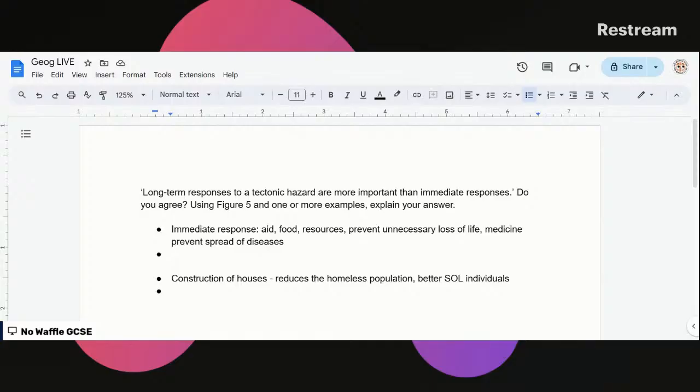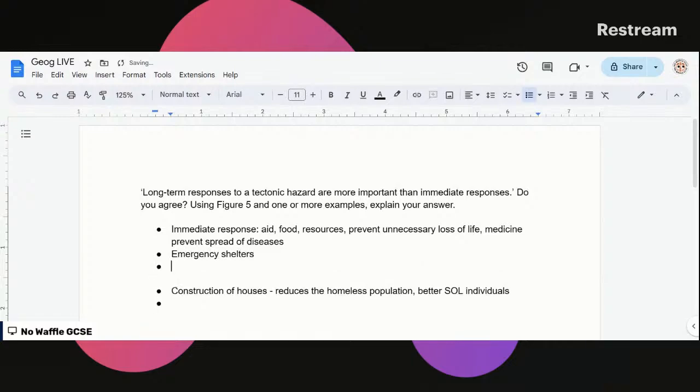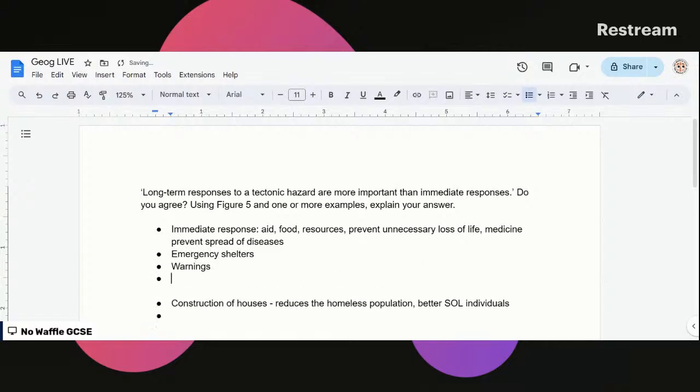So things like sending out warnings, constructing emergency shelters, evacuations of vulnerable people. I remember that in New Zealand, they evacuated the most vulnerable 200 people and families, and that actually prevented their lives being lost because obviously they won't be able to escape themselves.